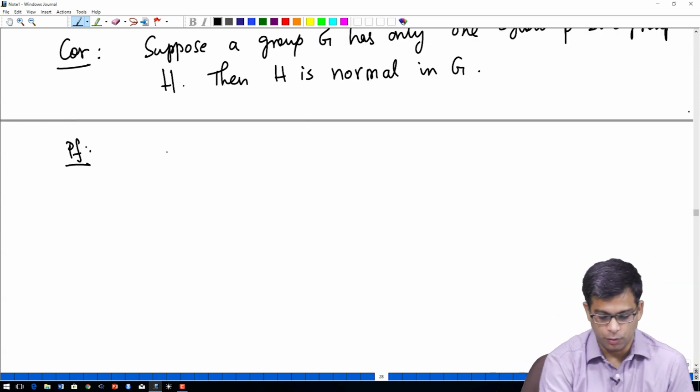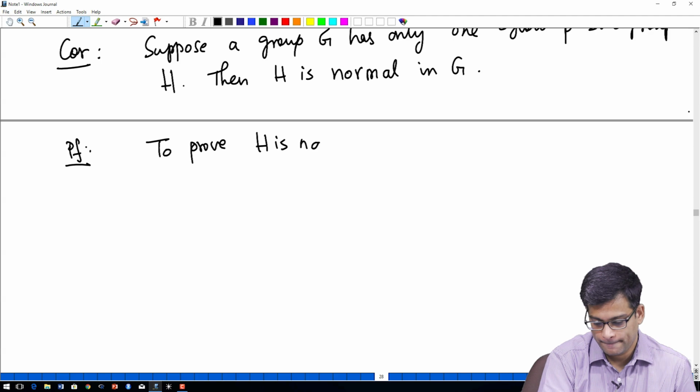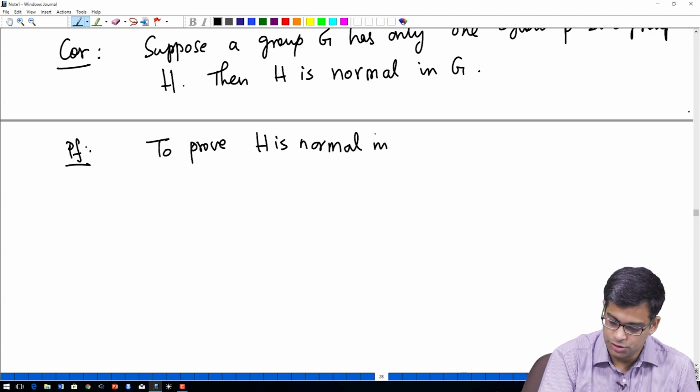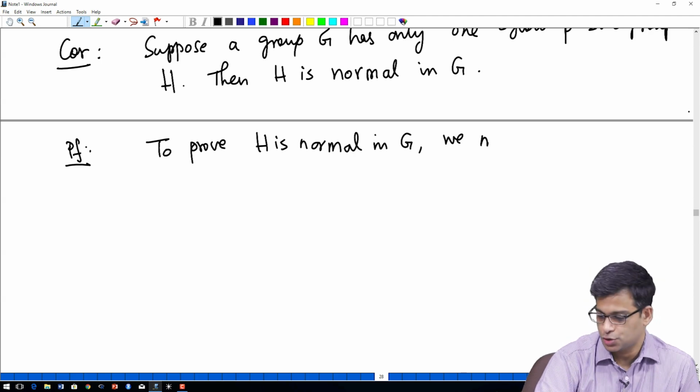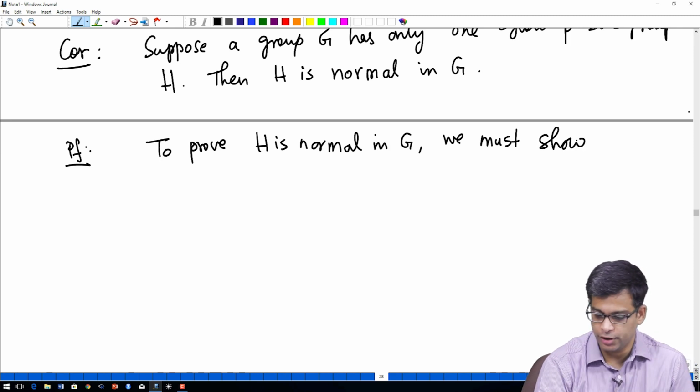Recall what is a normal subgroup. To prove H is normal in G, we must show, what do we need to show?